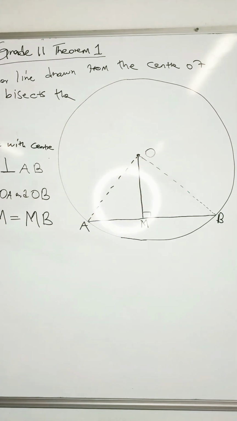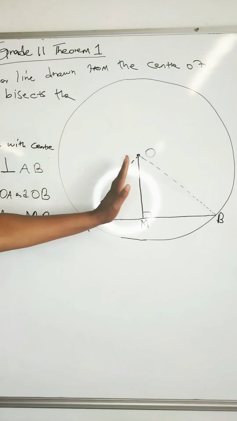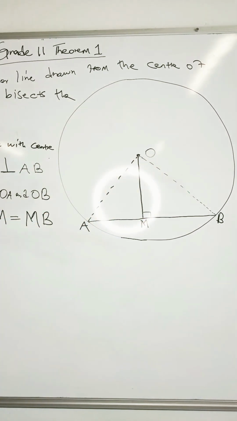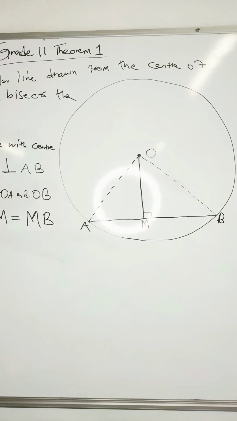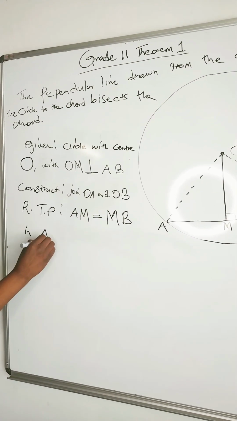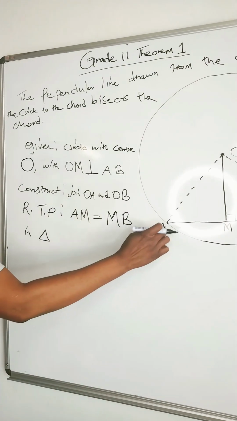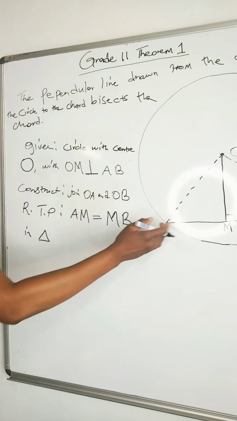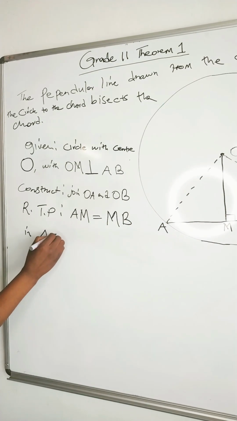That is where we are going to prove. We are going to compare the two triangles. So we are going to prove in triangle AOM, or OAM is fine.